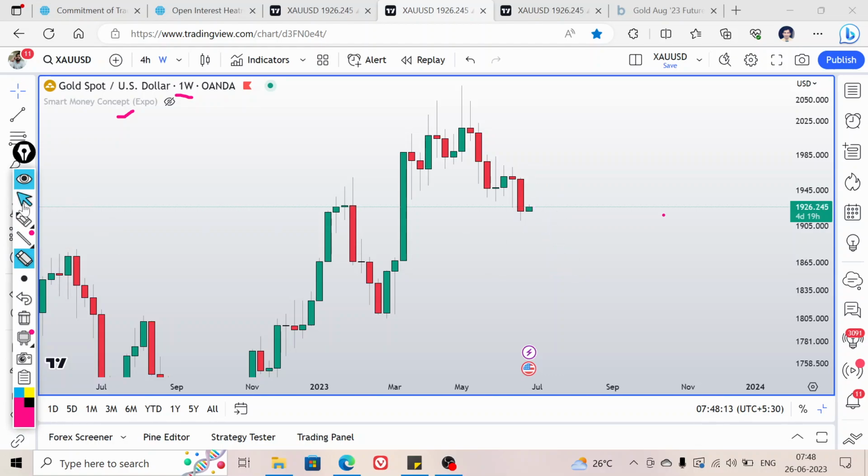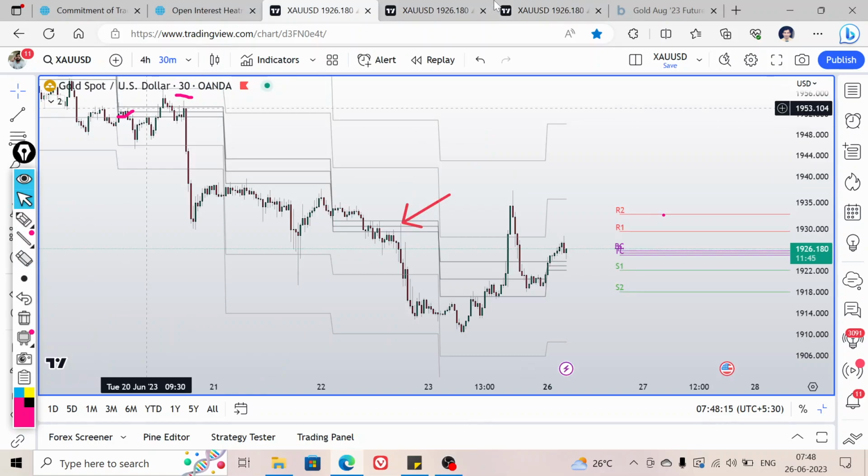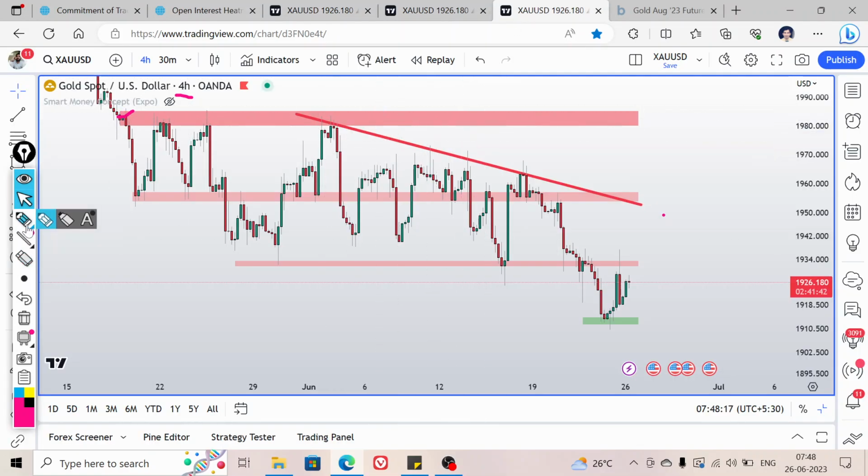If we look at the 4-hour time frame, what are the levels or zones that we have to keep in mind?